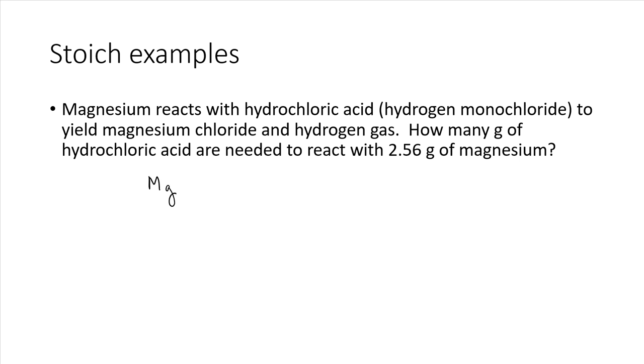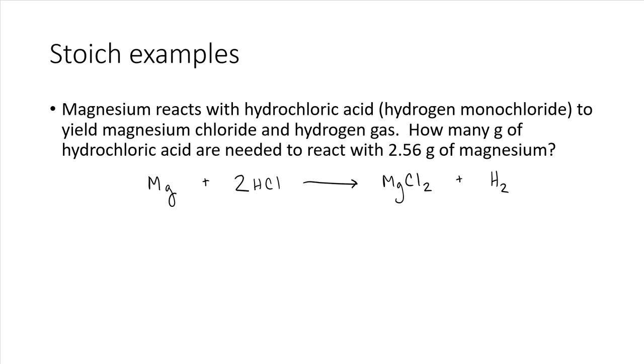All right, so magnesium reacts with hydrochloric acid to yield magnesium chloride and hydrogen gas. Remember, the hydrogen gas is a diatomic molecule. Now we have to balance it. This is straightforward. We just need a coefficient of 2 in front of the hydrochloric acid. Now that is a balanced chemical equation.